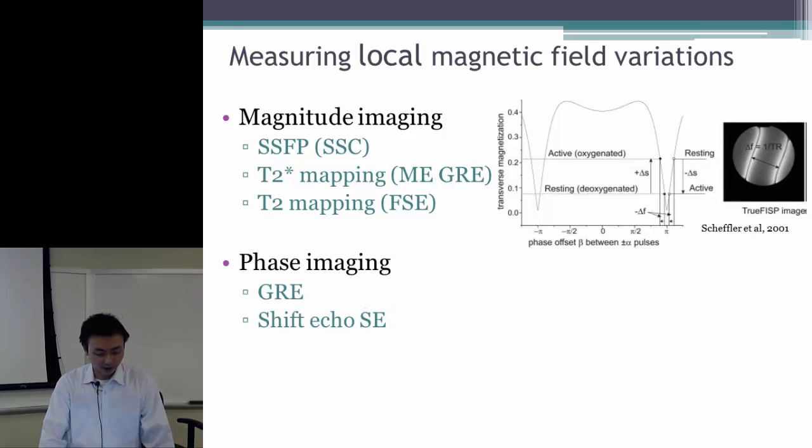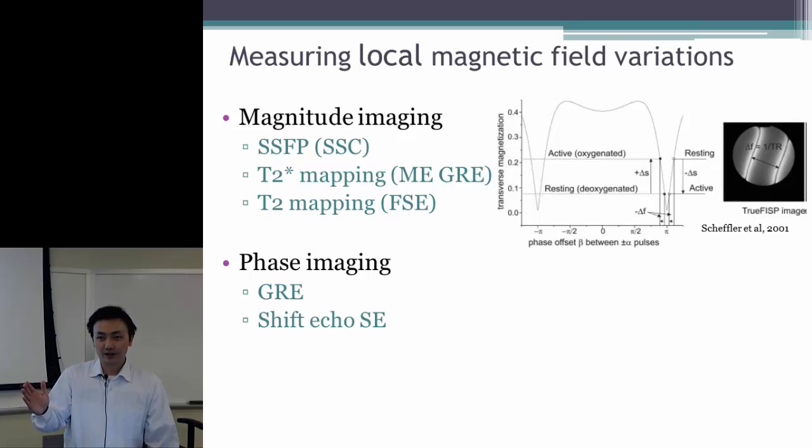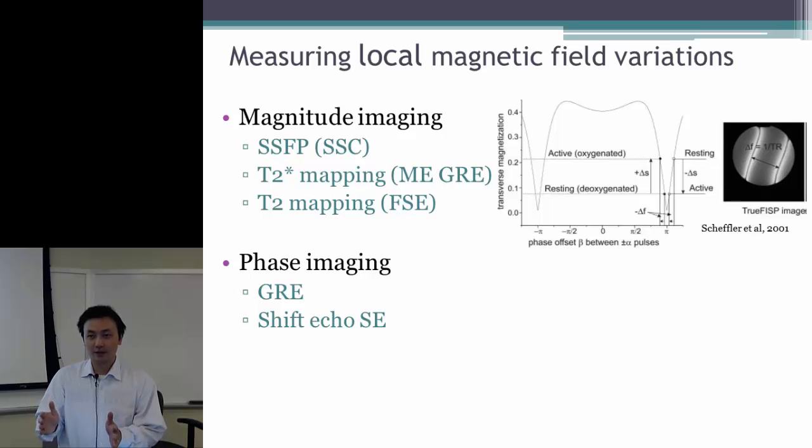And for phase imaging, the most widely used method is, of course, the gradient echo sequence, because the phase is directly proportional to the TE. Another less used method is the shifted echo spin echo. For spin echo, we have the 90-degree excitation pulse, and then we have a 180-degree refocusing pulse, and then the echo would appear at a time such that the interval between the echo and the 180-degree RF pulse center is the same as between the excitation and refocusing pulse, right?